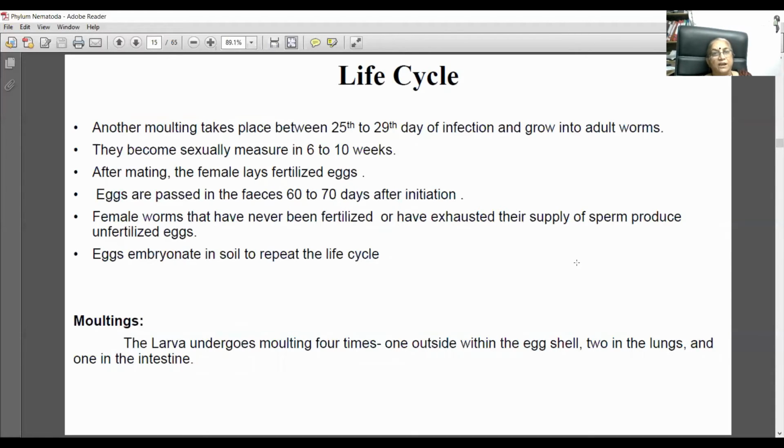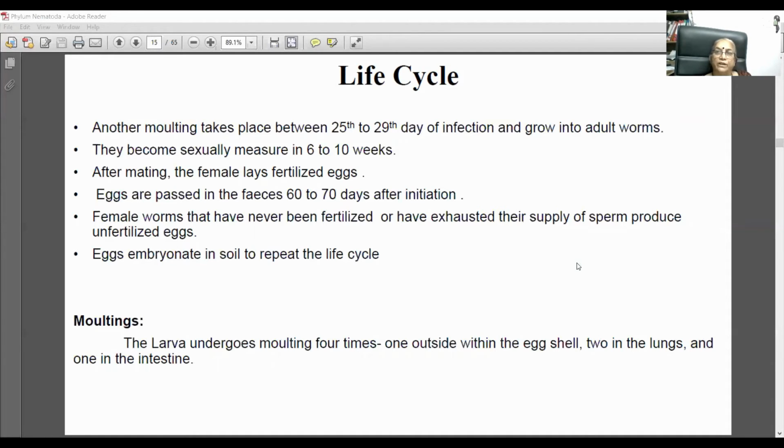In the intestine, when they reach it, it is around the 25th to 29th day after the infection has occurred, and here the worm is going to grow into an adult form. That is, the worm which was 0.2 to 2 millimeters will grow into the adult form. And we have seen the size of the adult worm.